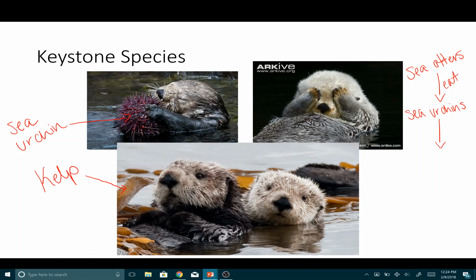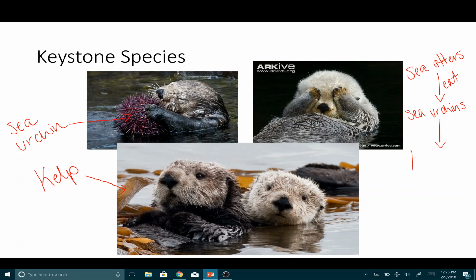And these kelp beds that sea urchins feed on are actually home to fish and provide shelter, especially for young juvenile fish, because larger predators are not able to easily maneuver through these kelp beds. And so it's really a great fish nursery, if you will.